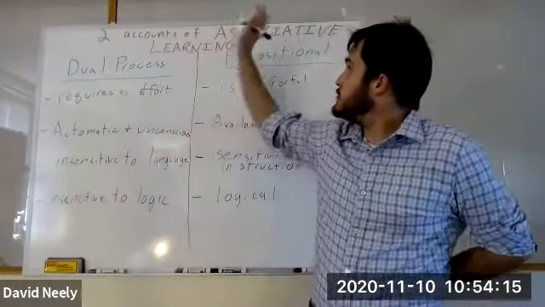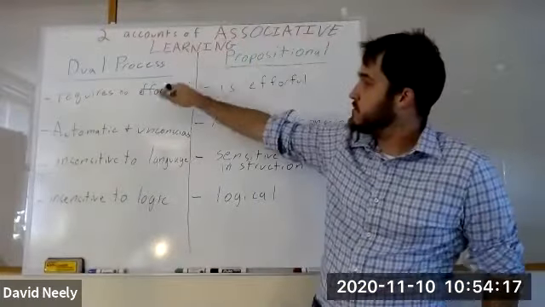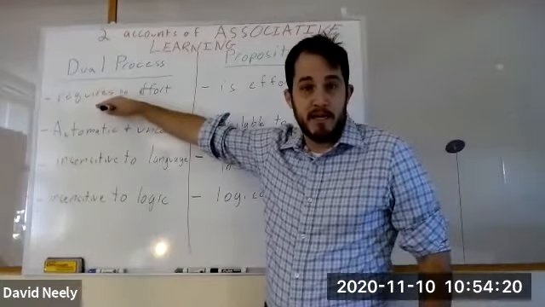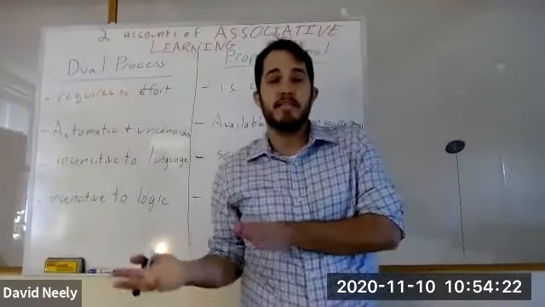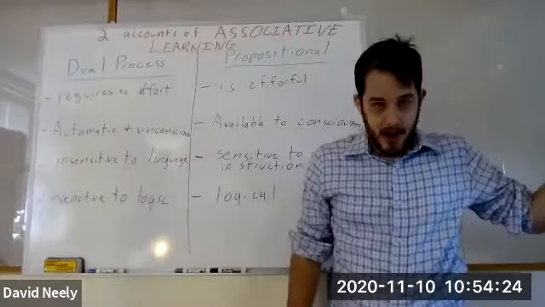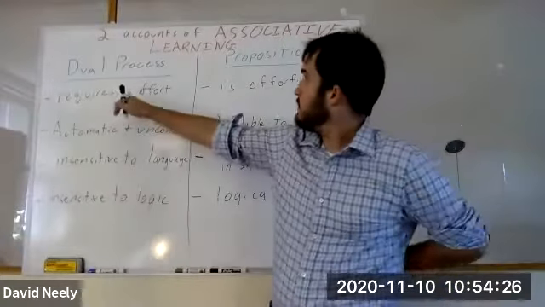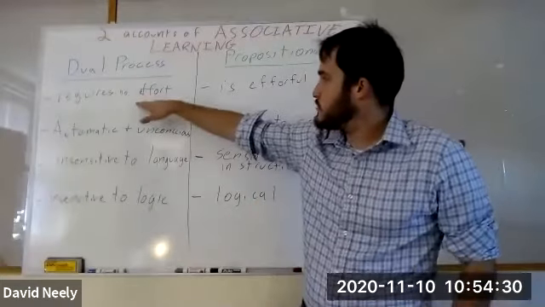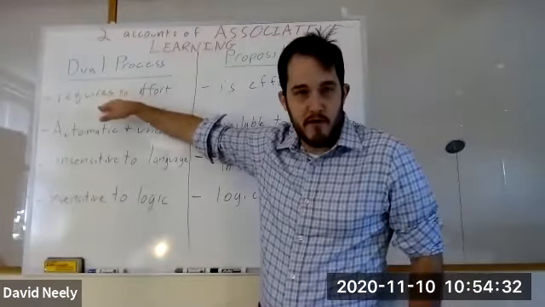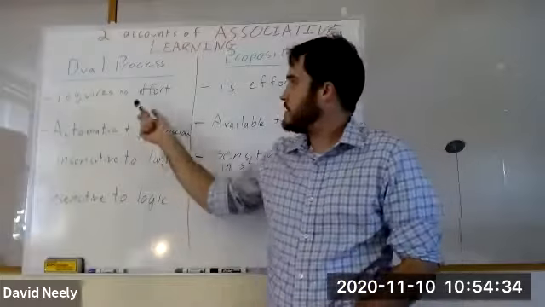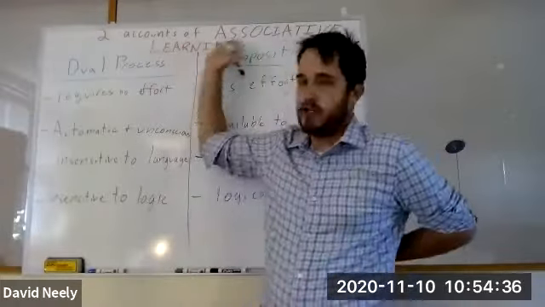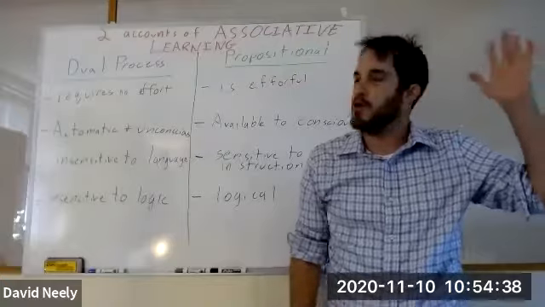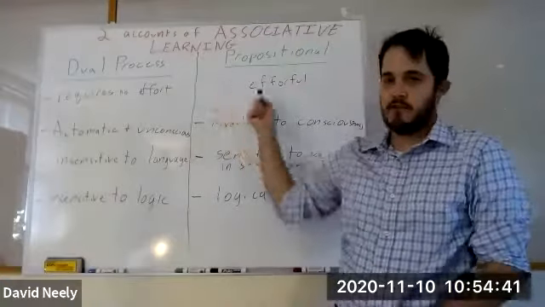So if associative learning requires a lot of mental effort, then doing other complex mental tasks should prevent you from learning associatively. If, however, the dual process is right and it requires no effort, then you shouldn't be affected. You should still learn associations, even if your mind is elsewhere. So that's the first difference.